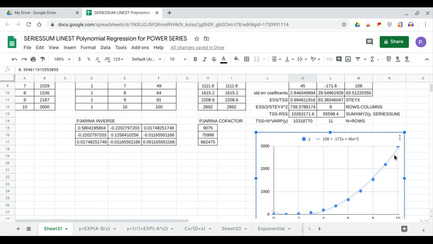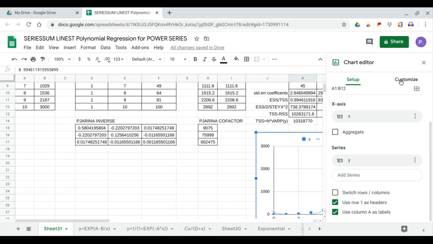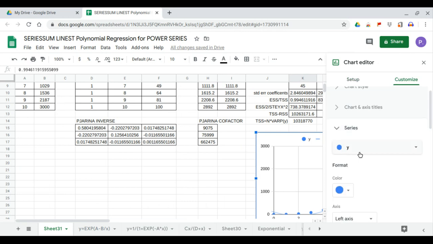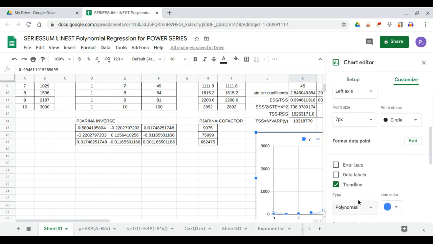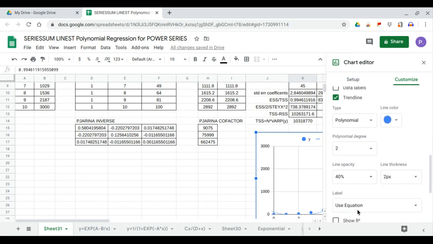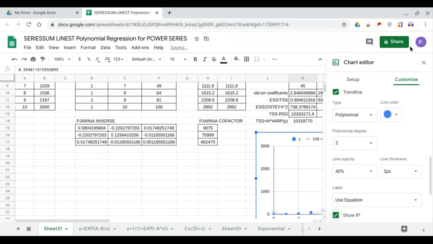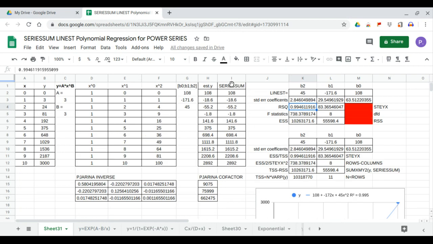And also our chart, if we show the R square value on our chart, it is 0.995, which is rounded off from our R squared. This completes the use of SERIESSUM and LINEST in the polynomial regression of a power series dataset.